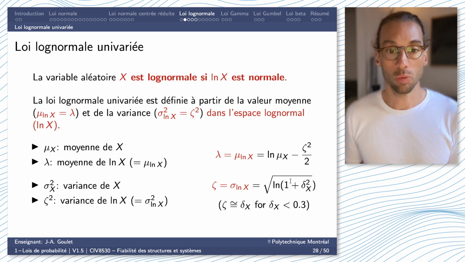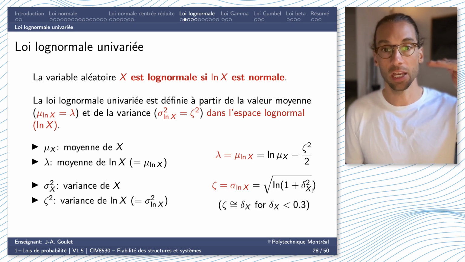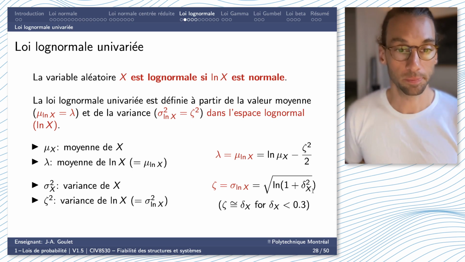If we want to go between one space and the other, we can do so using these two equations. We can obtain lambda, the mean of the log of x, as the log of mu x minus zeta squared divided by 2, where zeta, the standard deviation of ln of x, is the square root of the log of 1 plus delta squared. Delta is the coefficient of variation of my variable, so remember, it's sigma x divided by mu x.